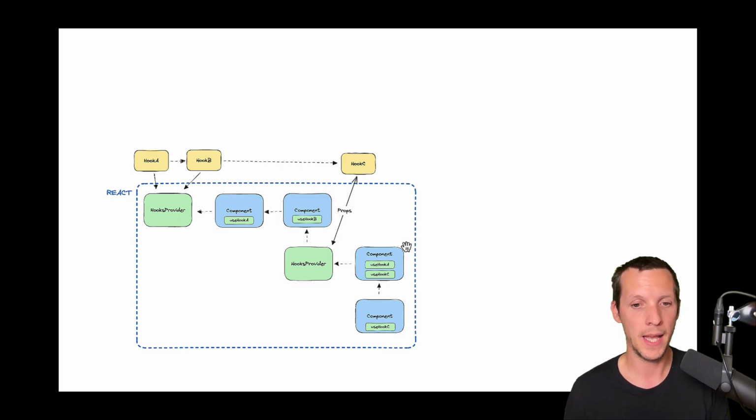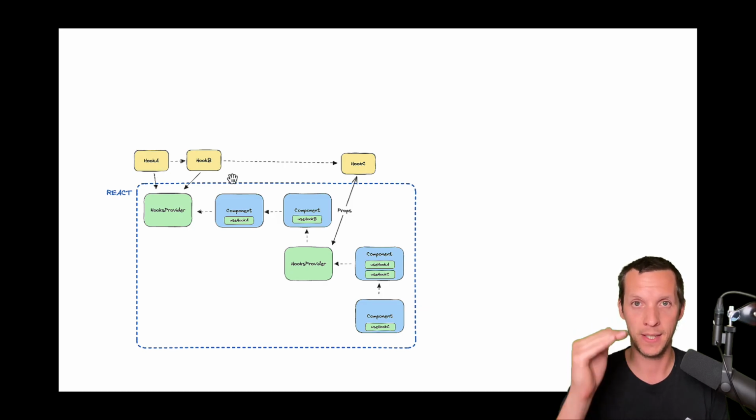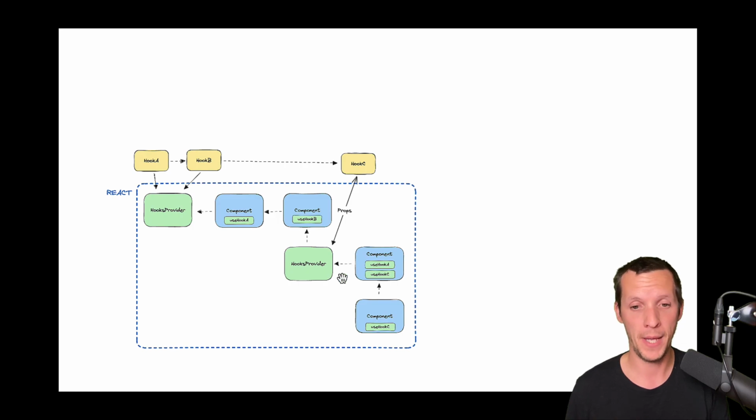So you can scope your state and logic to specific pages and also features. And in this case, you can see that any of the components can use hook A and hook B because they are high up in the component tree and accessible through the component tree. But as we exposed hook C on, for example, a page, the components within that page can also use hook C. And hook C, even though running outside of React, uses the same component tree to resolve other global hooks in this example.